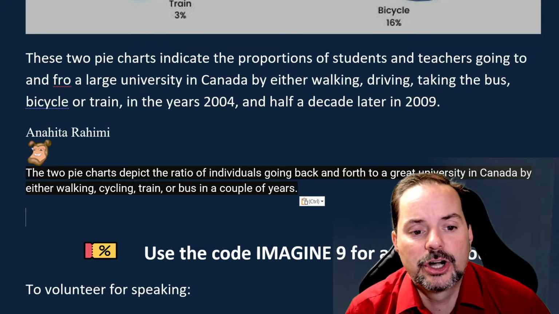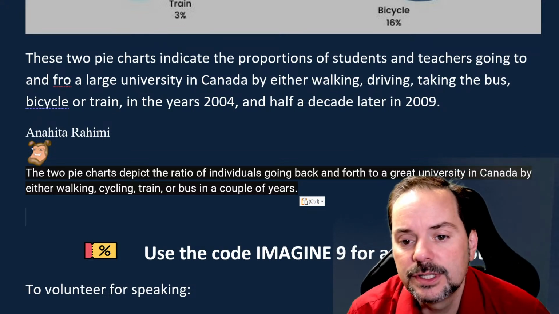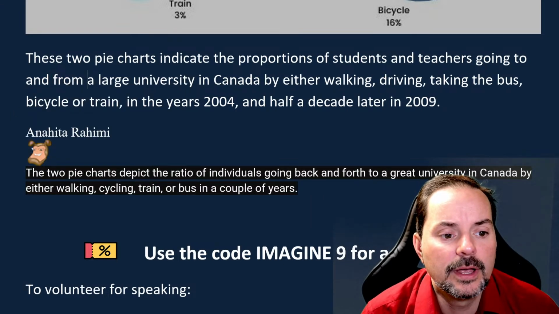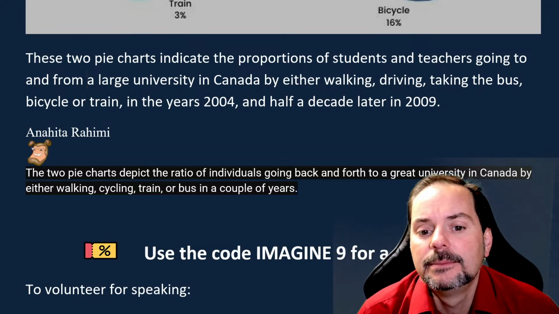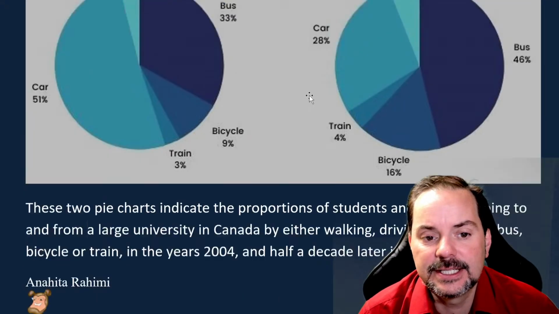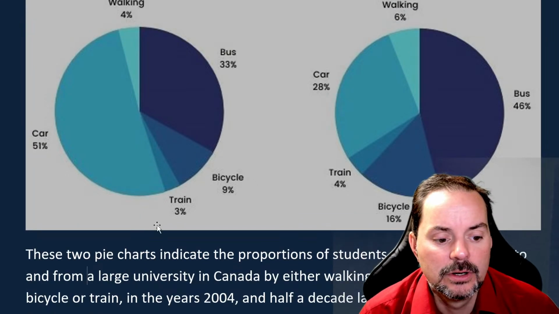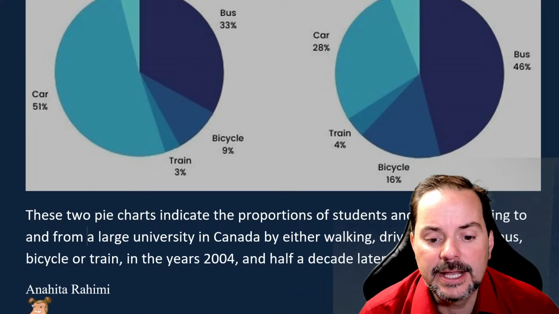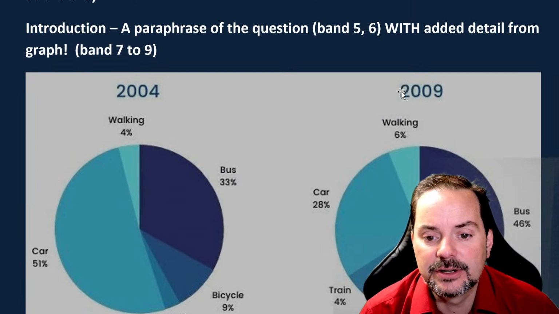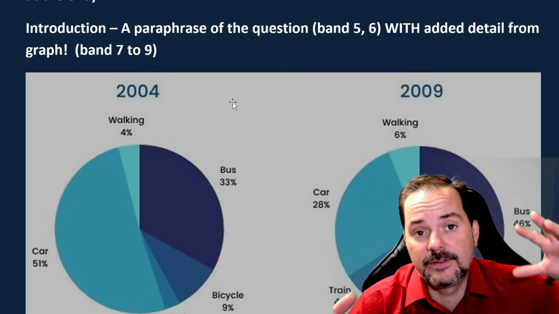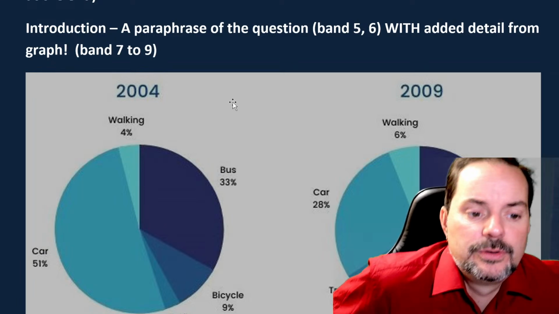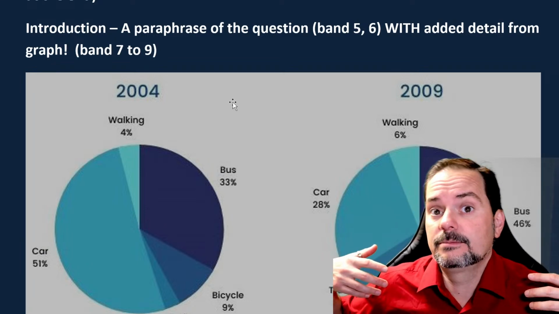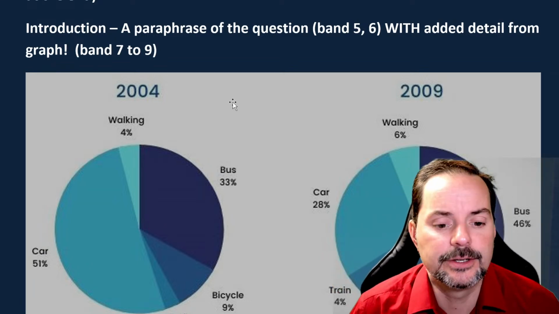These two pie charts indicate the proportions of students and teachers going to and from a large university in Canada by either walking, driving, taking the bus, bicycle, or train in the years 2004 and half a decade later in 2009, right? So I identified even that there's 5 years between 2004, 2009, and 5 years, said in a nice coherent way, is half a decade, right?